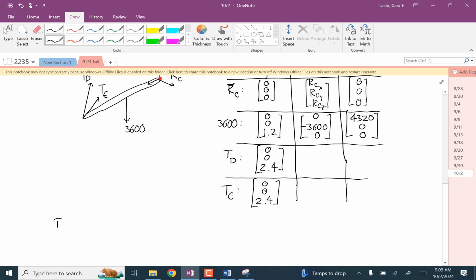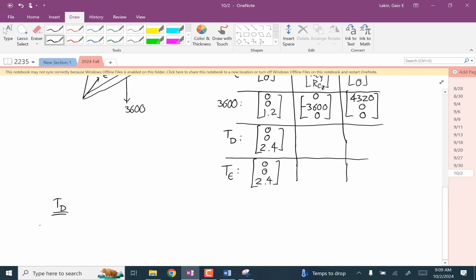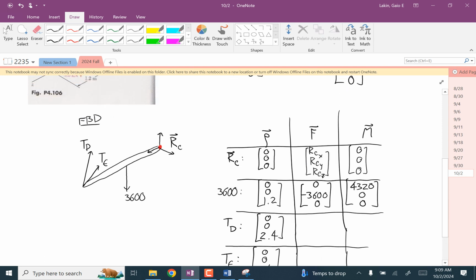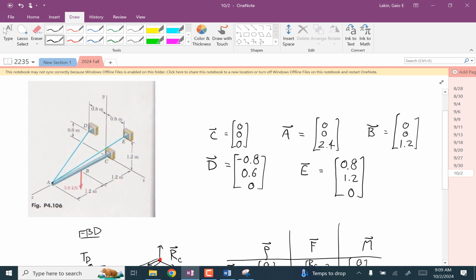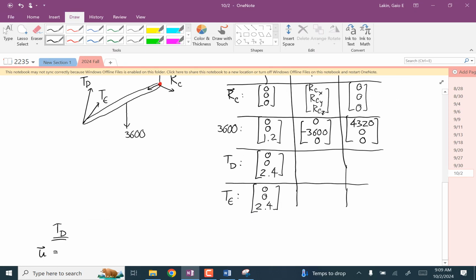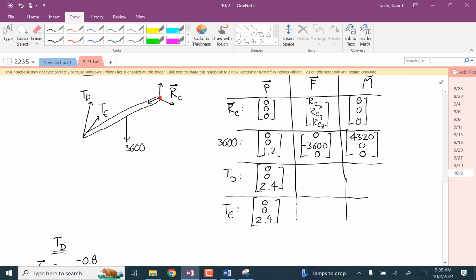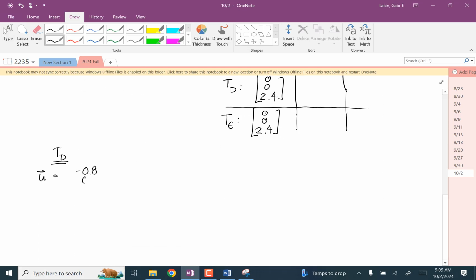So for TD, the vector in the direction we want is going to be D minus A. So negative 0.8, 0.6, 0 minus 0, 0, 2.4. So negative 0.8, positive 0.6, negative 2.4.